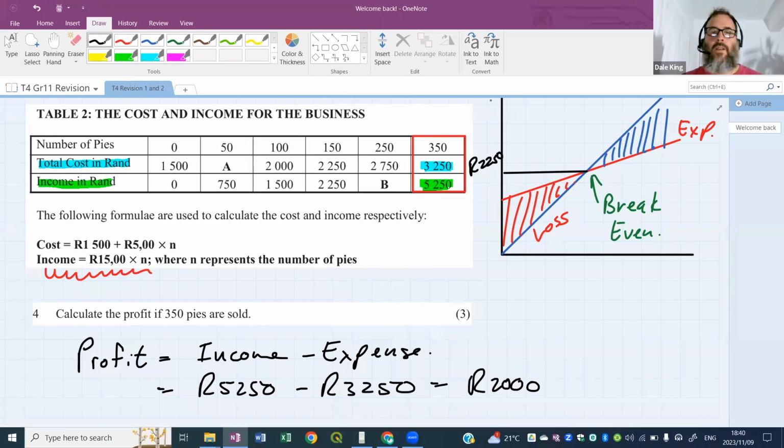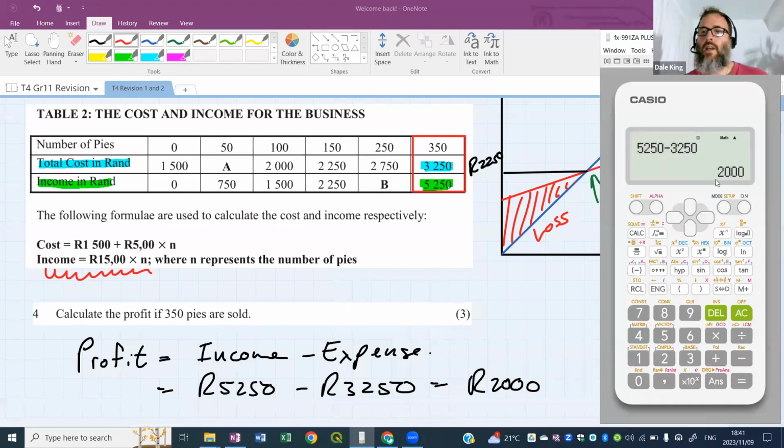Now, one thing about profit is we can see in these values that the income is higher than the expense, so we're going to be making a profit here. But sometimes it's not that easy to see. So how do you know if you're making profit? When you do this calculation, you'll see on the calculator that the value is positive. What if the expenses were higher?